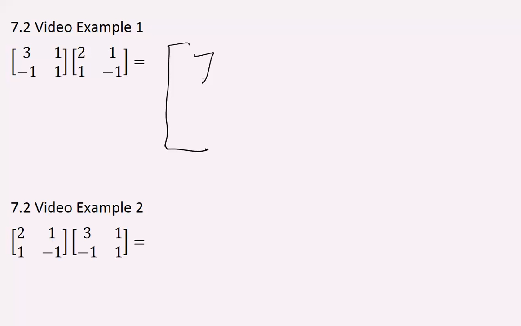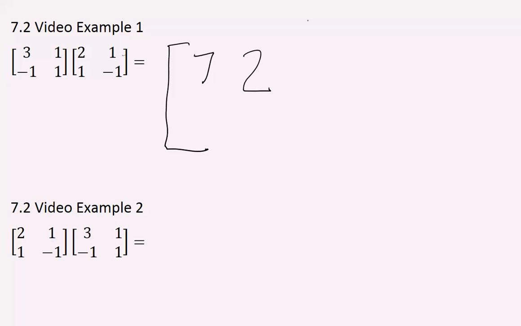To find the next term, just to the right of the 7, we again take the first row, 3, 1, and we multiply by the second column of the second matrix, 1 and minus 1. So we have 3 times 1 plus 1 times minus 1, or 3 minus 1, to get a result of 2.